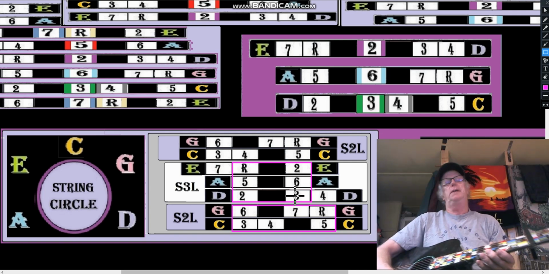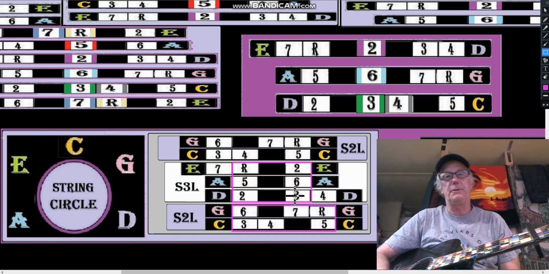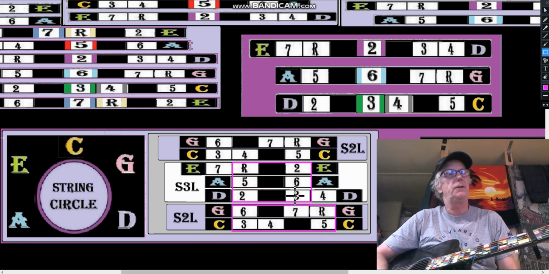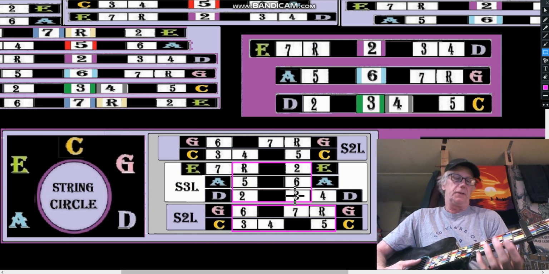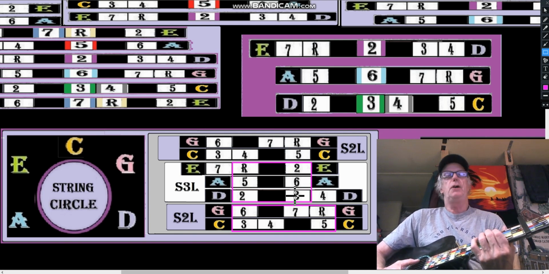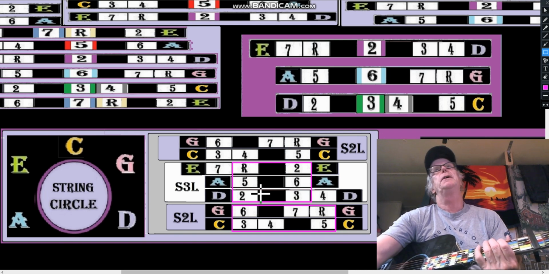So if you're looking for a D shape, guess what? We don't have to start in the key of C. Let's say we're in the key of F, so the G note is going to be that 2 there.